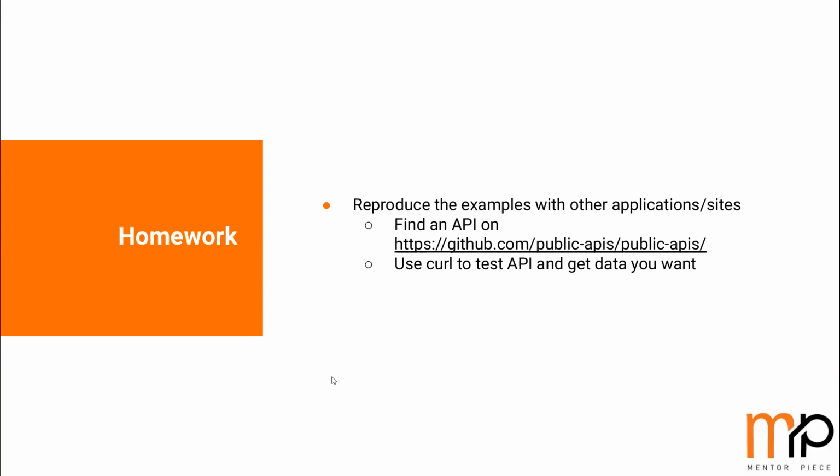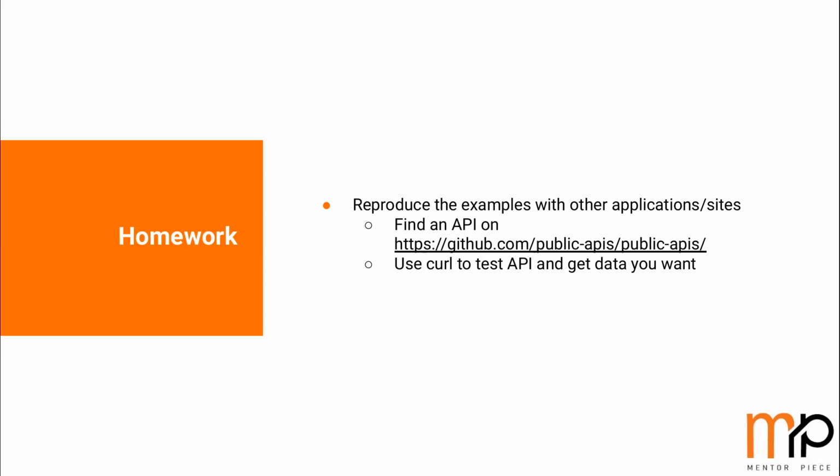And as a final piece of information before ending my presentation, I would like to suggest that, besides reproducing the examples I showed here, you find an API in this repository on GitHub. It's very, very interesting.